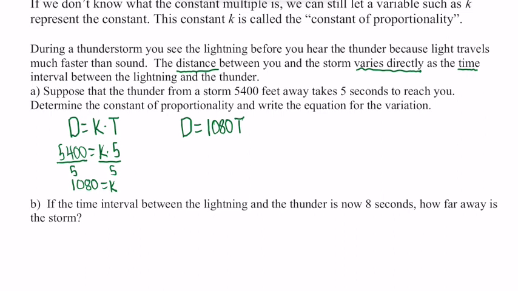We can plug in 8 for the time, and we have d equals 1,080 times 8, and this gives us 8,640. And the units we're using for distance are given up there in part A, which is feet.